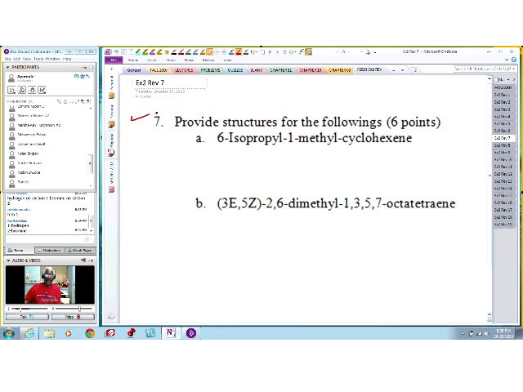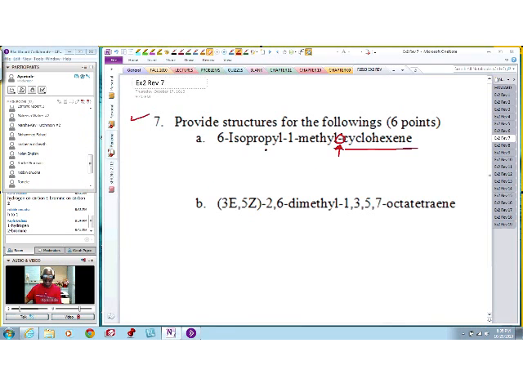This is a question just testing your knowledge of nomenclature. So this is just a nomenclature problem. We have cyclohexene. That is the base name. Actually, here, this hyphen should not be here. So this is an error. Please note that.